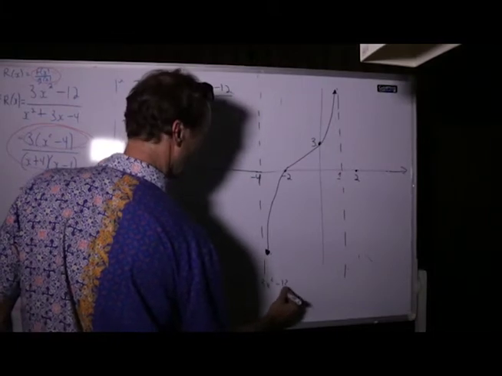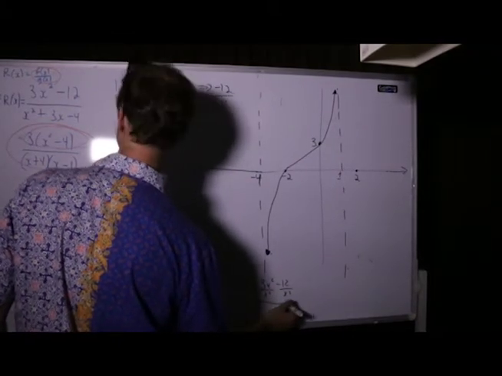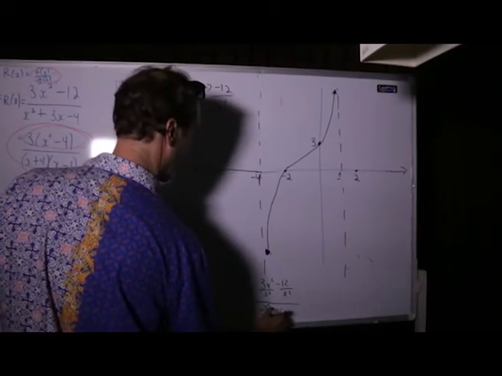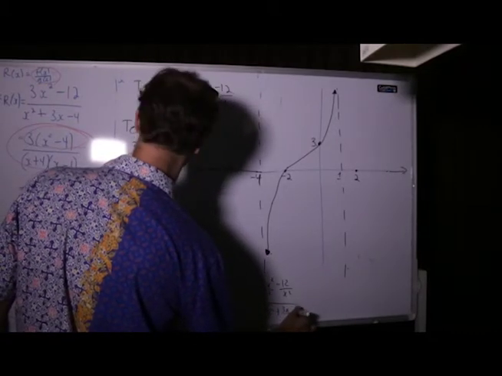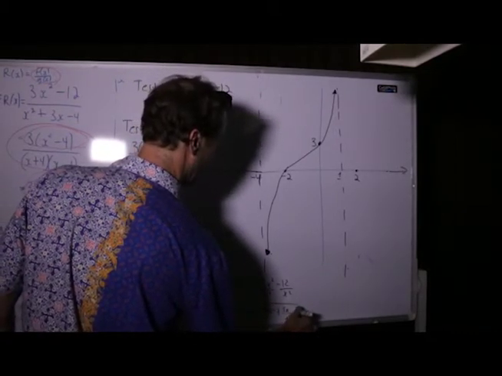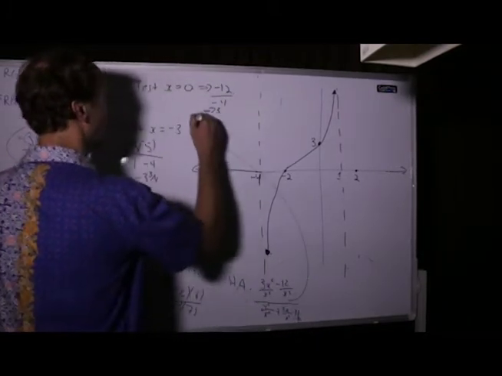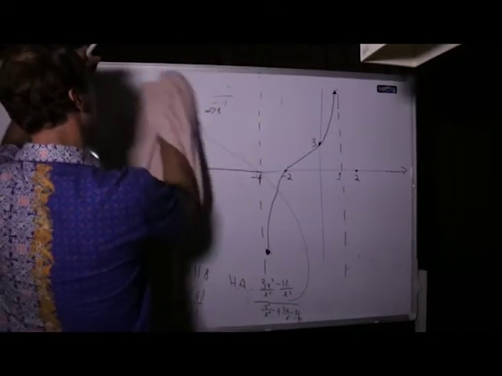We're going to divide both top and bottom by x squared, because that's the highest power of g of x, over x squared plus 3x over x squared minus 4 over x squared. Okay, if you can't see that, you'll be able to see that now.